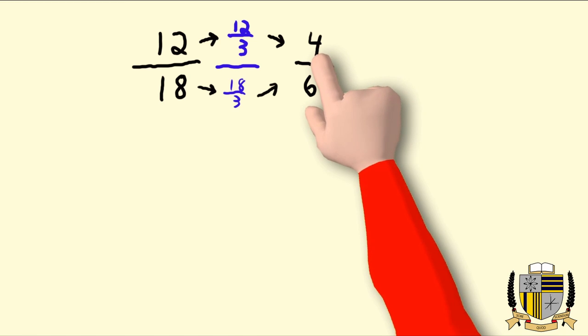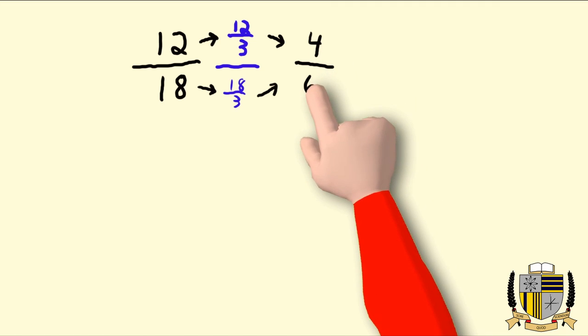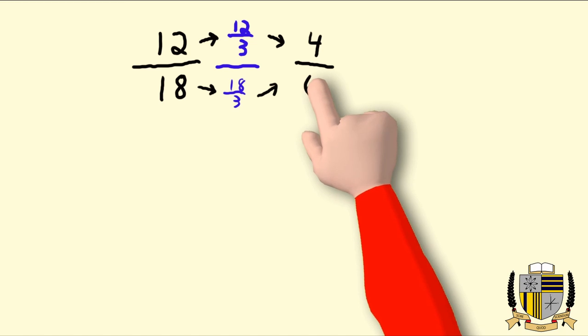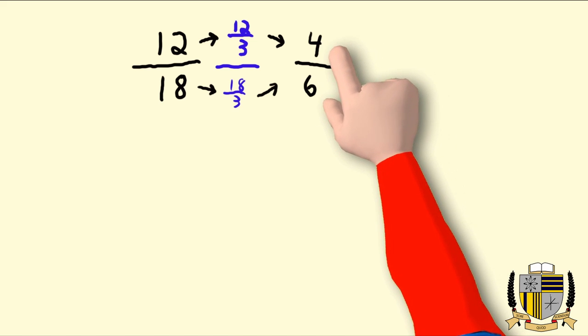And I can look at the 4 and 6 and say, can I divide the 4 by 3 and the 6 by 3? Nah, that's not going to look good. If I divide the 4 by 3, I'm going to have decimal numbers and things like that. It's not going to be a straight up integer on top. But I know I can divide by 2, right?